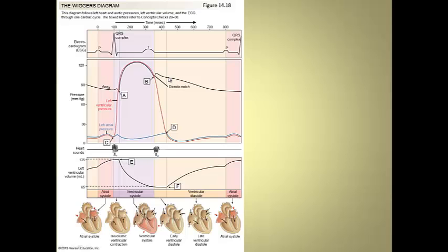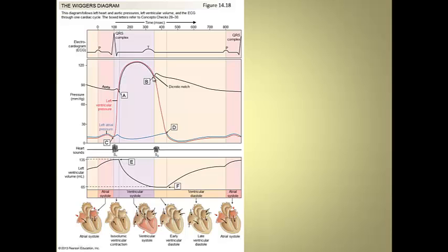Now what we see here, as the heart contracts, how do the pressures change in these areas? Well, you can see that for most of the period, left atrial pressure follows left ventricular pressure. And for the remainder, the aorta then is going to mirror the left ventricle.